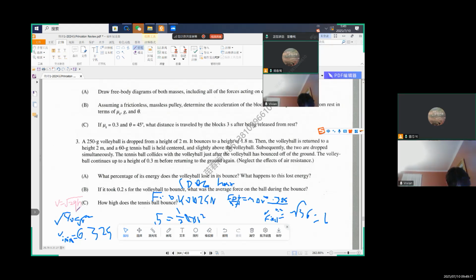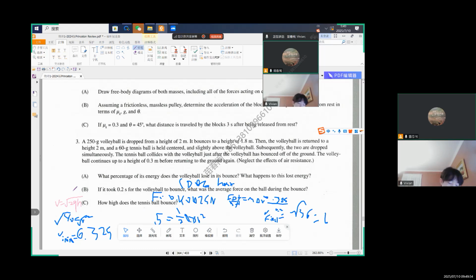And also because in previous question A, it says 10% energy loss, right? Can I use energy? Do you think that 10% is certain? No. Well, you don't have to think of whether it's certain, but it's 1.8 anyway, right?